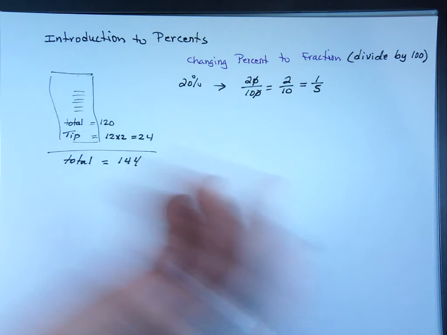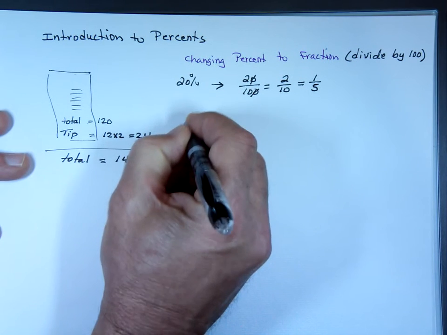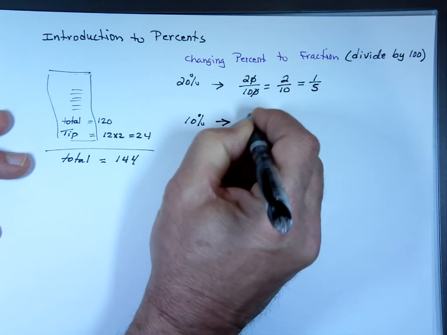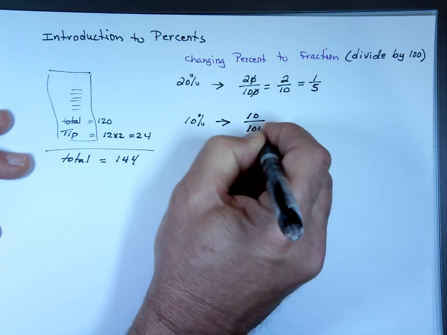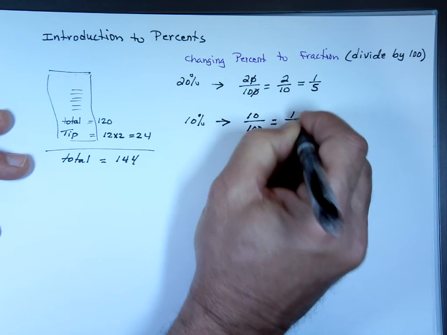What about if the service is not good? You go, I hate the service. It was really horrible. I'm only going to leave 10% tip. So what's 10% as a fraction? That's 10 over what? 100. Which if you simplify it, 1 over 10.